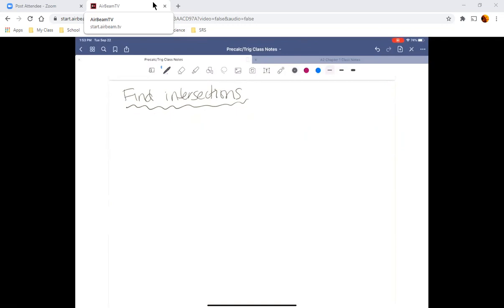I'm going to make this up, and it probably never works out, but let's say we have y equals 2x squared plus 6x minus 3, and y equals x squared minus 5x plus 4.